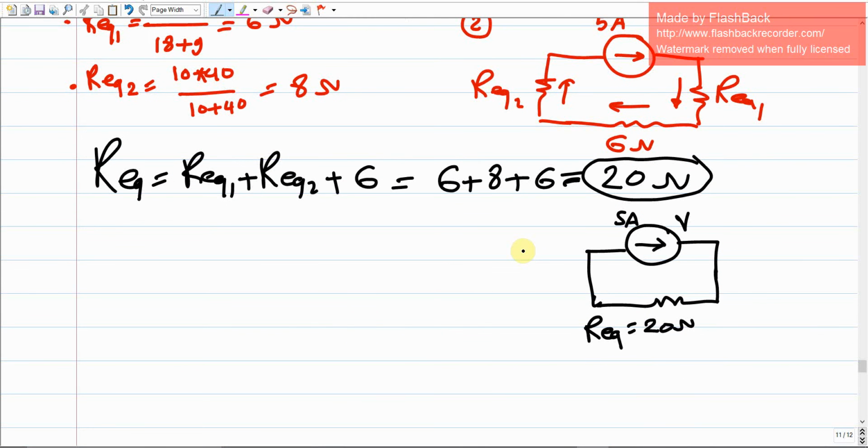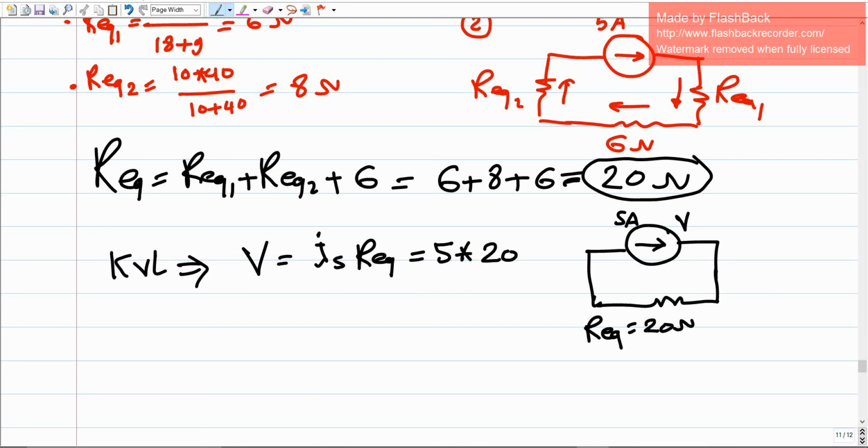This is one of the requirements. So if we apply Kirchhoff's voltage law to this electrical circuit, we end up with V equals IS, the total current, times R equivalent, which is 5 ampere as given, times 20. This is going to give us 100 volt. Make sense?